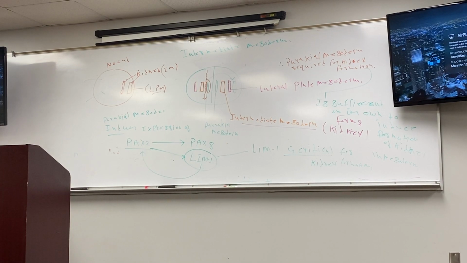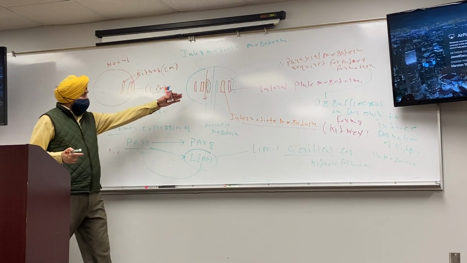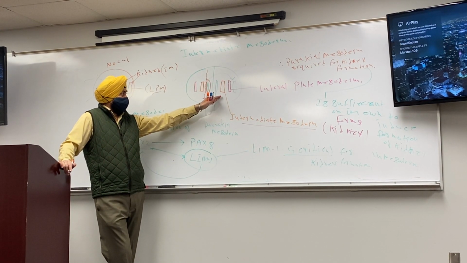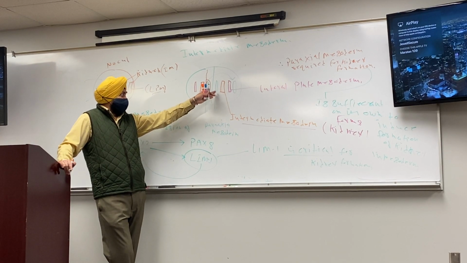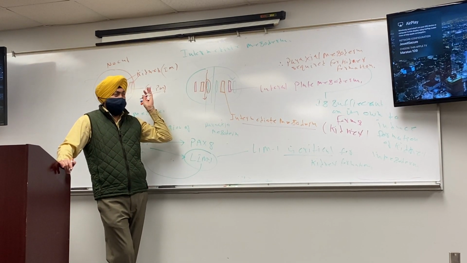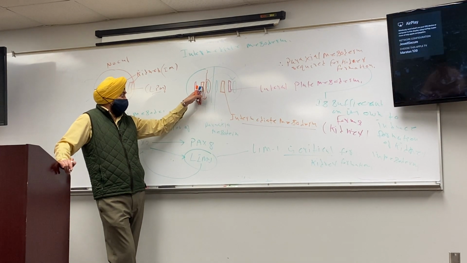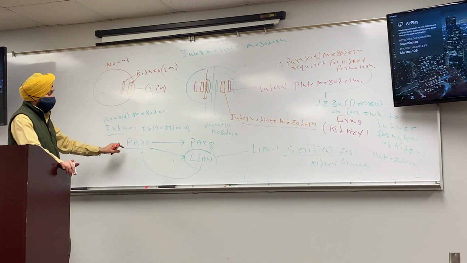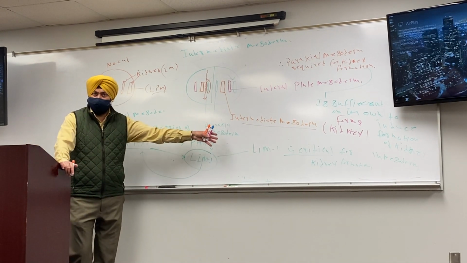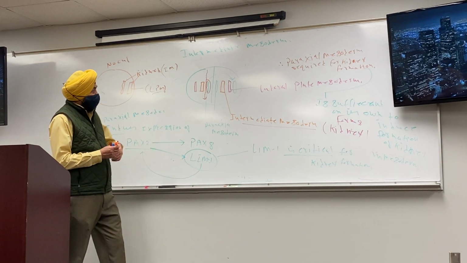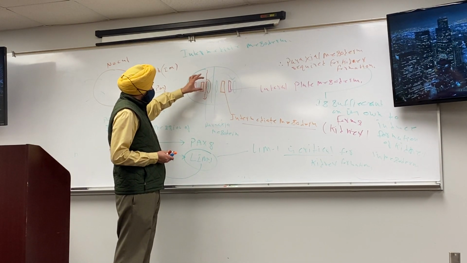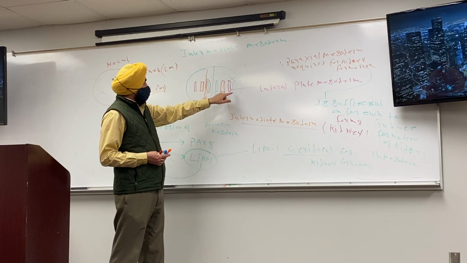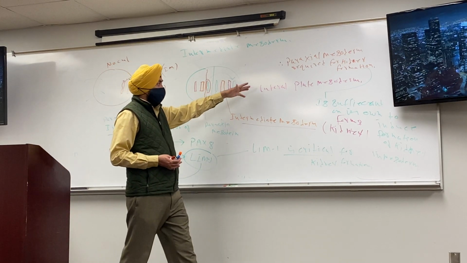We are saying that the paraxial mesoderm can induce kidney. So paraxial mesoderm is required. That means some factor comes out from the paraxial mesoderm that is going to influence the intermediate mesoderm to induce the expression of PAX2, PAX8, and LIM1. If we take this paraxial mesoderm and put it next to the lateral plate mesoderm, it can induce even the lateral plate mesoderm to form the kidney.